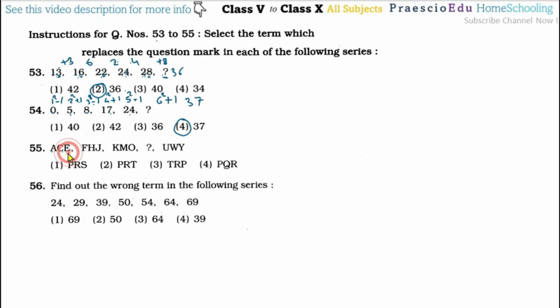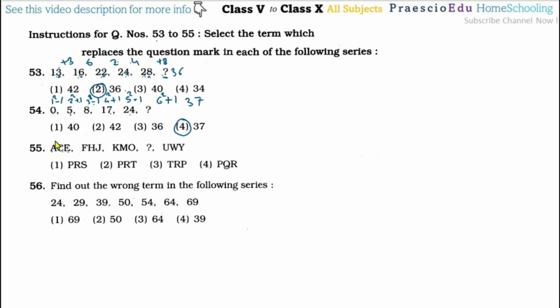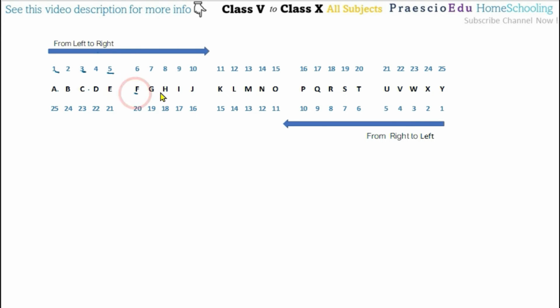Question number 55. A, C and E. In the alphabet number series, A, C and E means 1, 3 and 5. F, H and J means 6, 8 and 10. So in between, one letter is hidden, or we can say omitted.